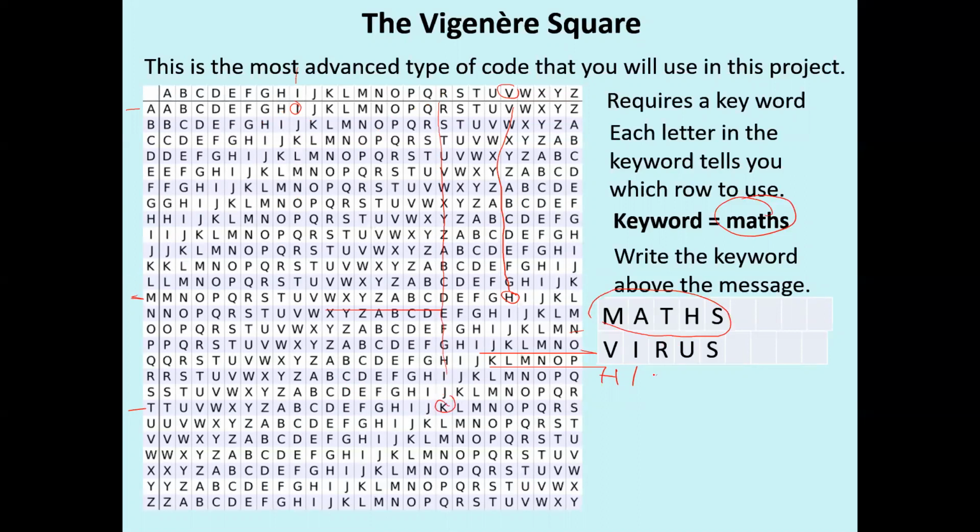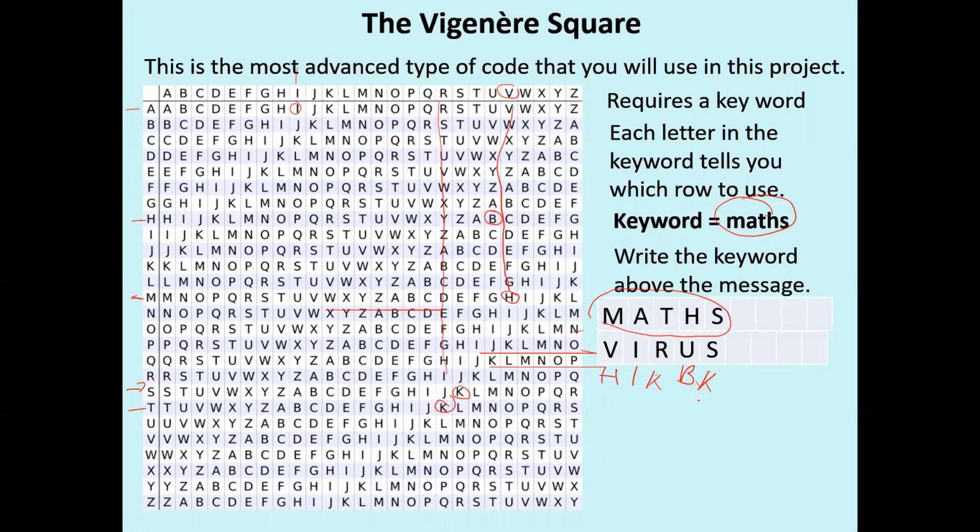So that's going to be the letter K. Next one then is row H, and we want U, which is going to be here, letter B. And then finally, we've got row S, which is here, and we want to encrypt the letter S, which is going to be here. So again, there's our code word to decipher.